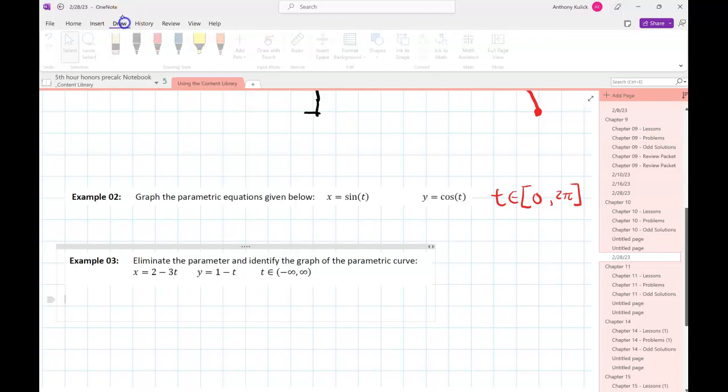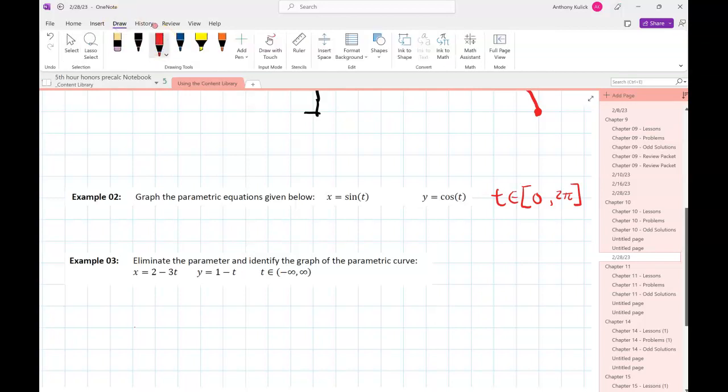So to go from a parametric function to a Cartesian function, the direction we give for that is eliminate the parameter.